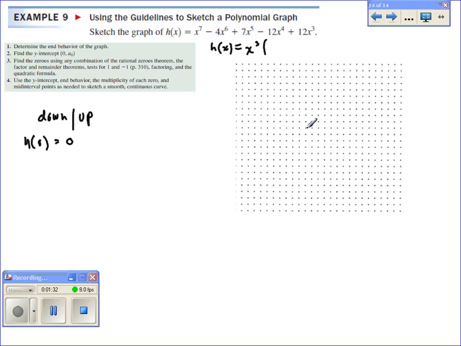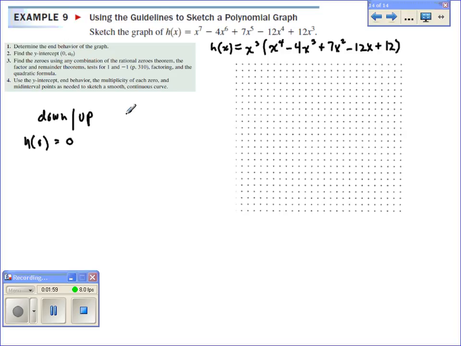So it's got a multiplicity of 3 there at x equals 0. You got x to the 4th left, minus 4x cubed, and then 7x squared, and then minus 12x, and then plus 12.